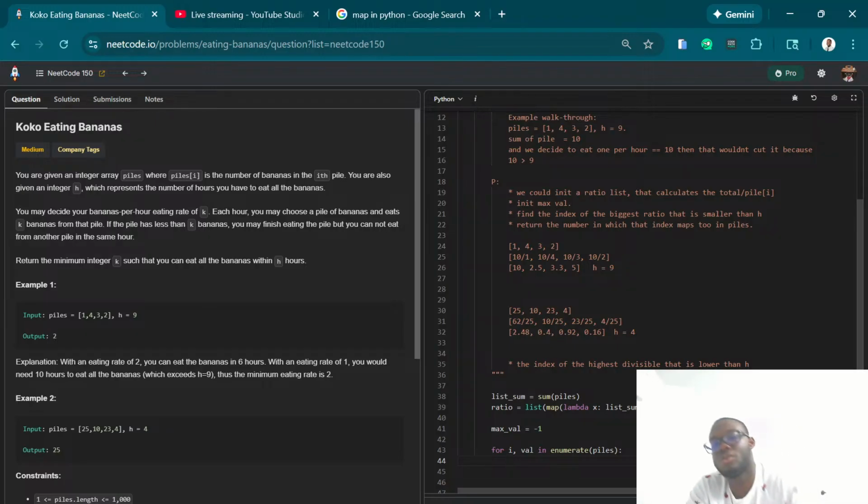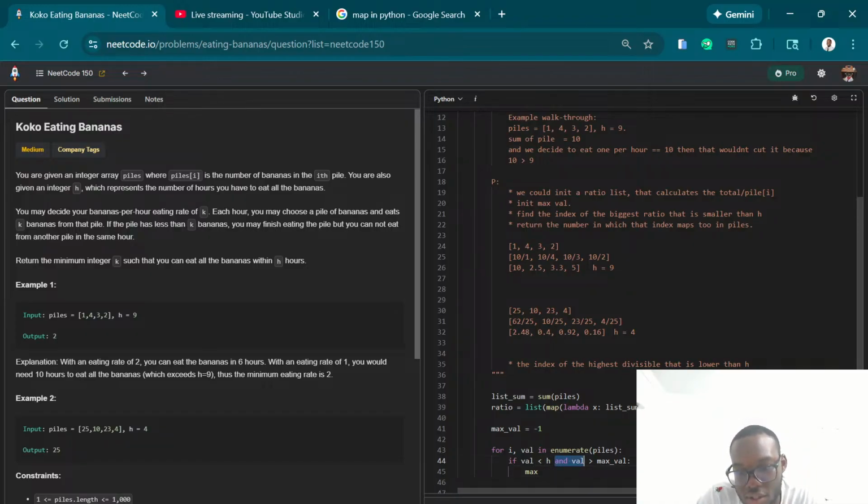We could then do, if val plus h greater than max val.